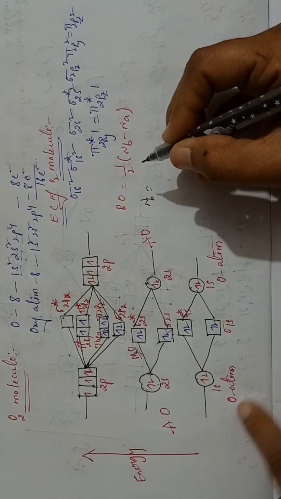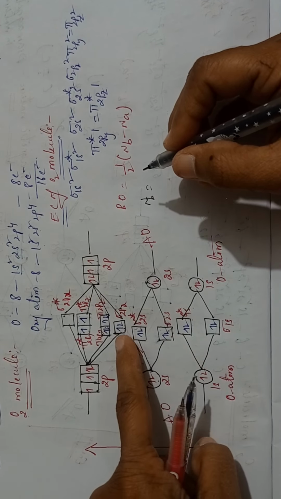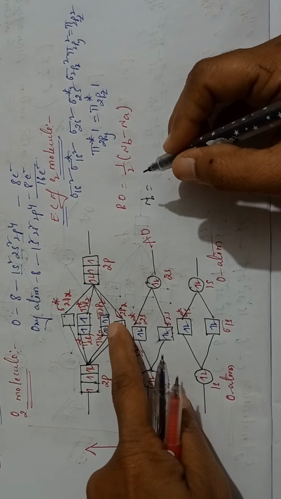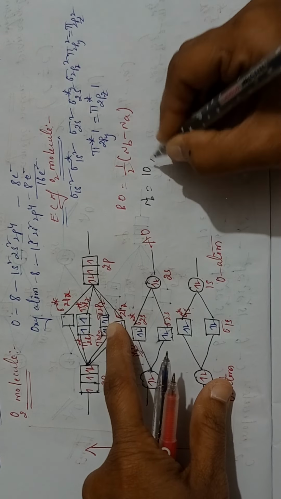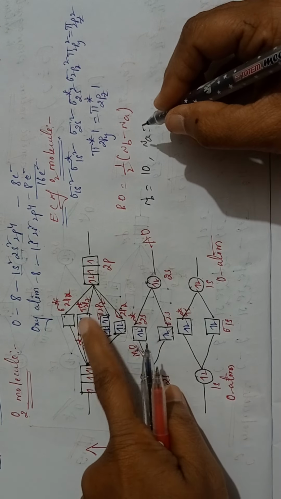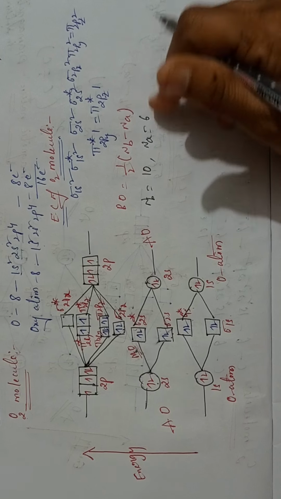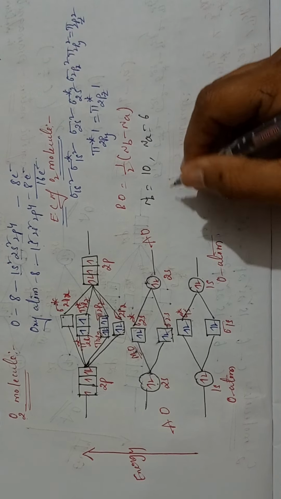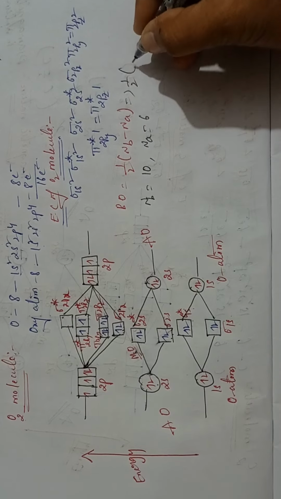Now count NB, the number of bonding electrons: 2, 4, 6, 8, 10. Total 10 bonding electrons. NA, anti-bonding: 2 plus 2, 4 plus 2, 6 electrons. So bond order is half into NB minus NA.